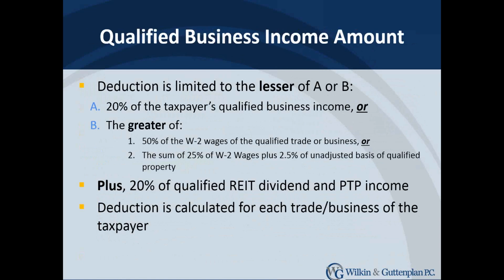So what was written into the law at the last minute, and this was not in the Senate or the House bills, this actually came to be as part of the reconciliation between the two bills. They wrote in that you get to take the greater of the 50% of the W-2 wages or the sum of 25% of the W-2 wages plus 2.5% of unadjusted basis of qualified property.